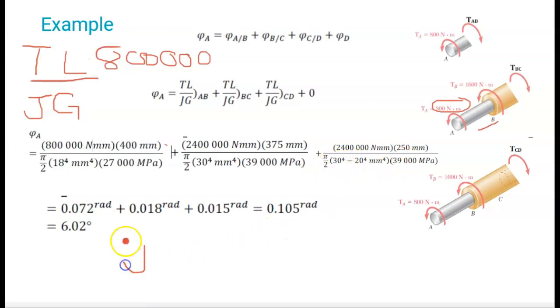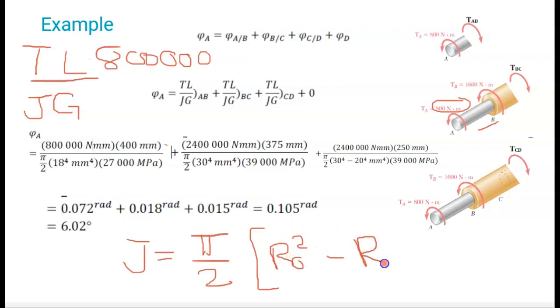The formula for the J for a hollow bar is pi over 2 bracket r outer to the power 4 minus r inner to the power 4. Oh, sorry, it is not square, it is to the power 4 because we're finding the second moment of area, not the first. And that will give you the value of the J.